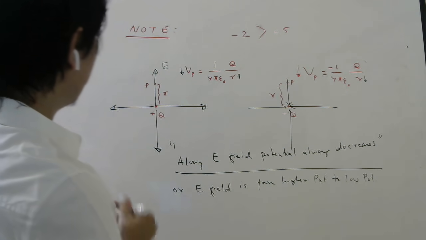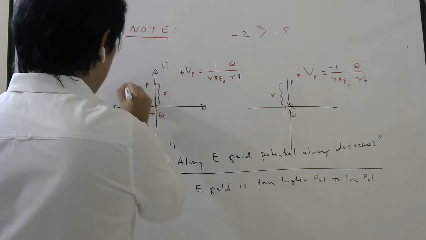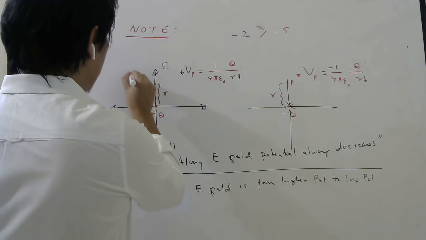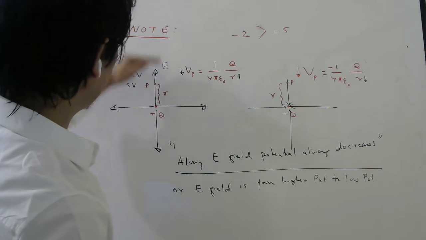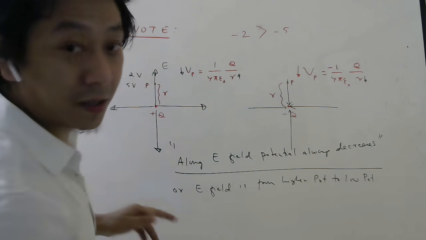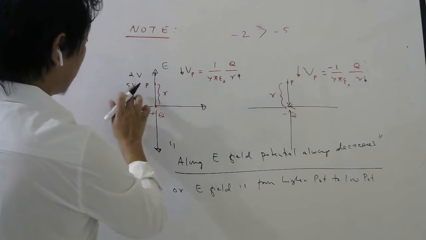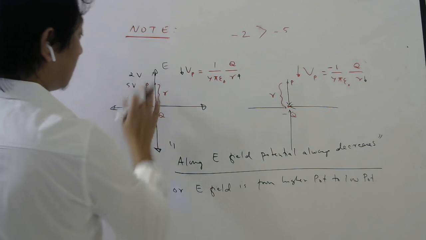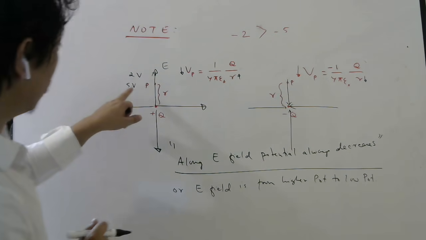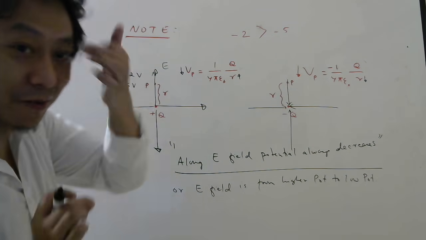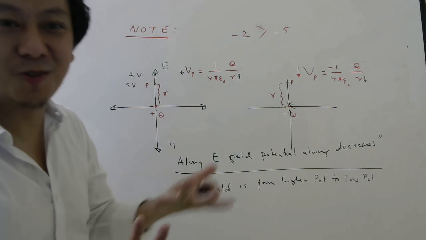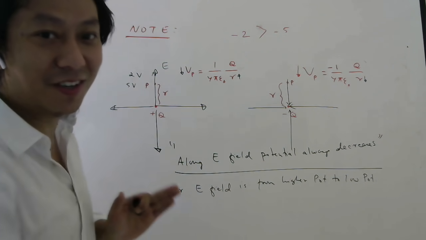So this is something important. If it is 5 volt here, it will be 2 volt there, because when R increases, this V will decrease. The electric field is away, so it is going from 5 volt to 2 volt. Volt is, by the way, the unit of potential. I forgot to talk about the unit, but I think you know from school days also. I will talk after this, no problem.